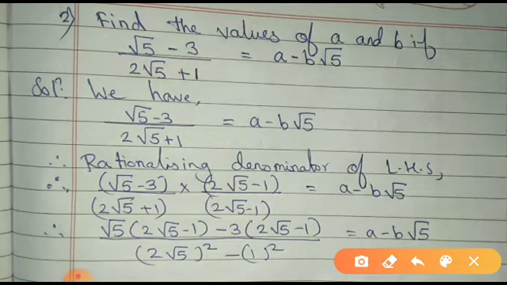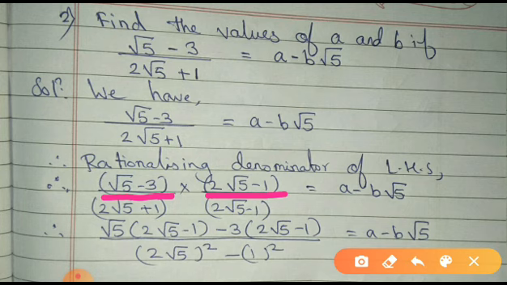Now here it is root 5 minus 3 into 2 root 5 minus 1. Clear? So again, I cannot write a plus b the whole square; I have to multiply each term. According to the question, you have to write the step.